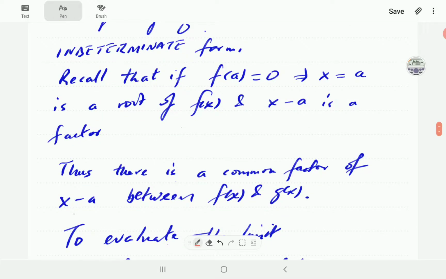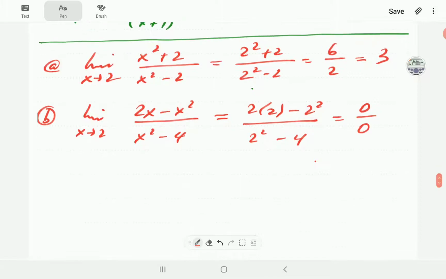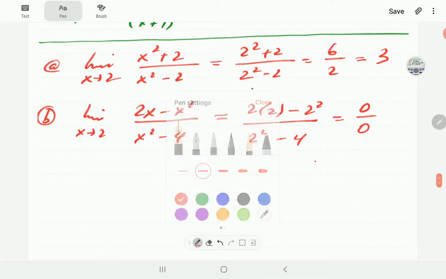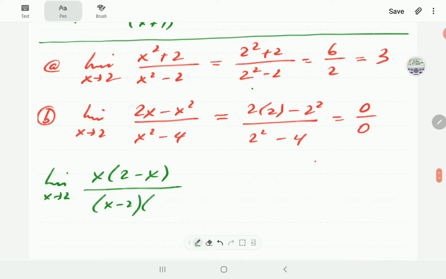So there is a common factor of x minus a. A is 2. So we need to factorize. In this case, the expressions are not difficult, so we can factorize these quadratic expressions. X is common there. And this one is a difference of 2 squares.